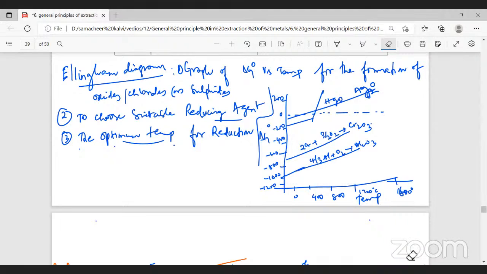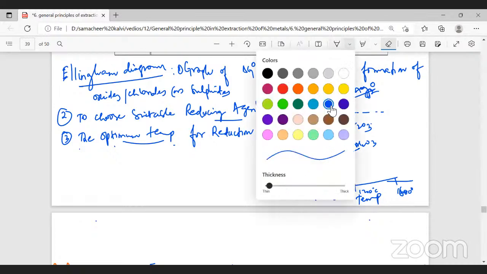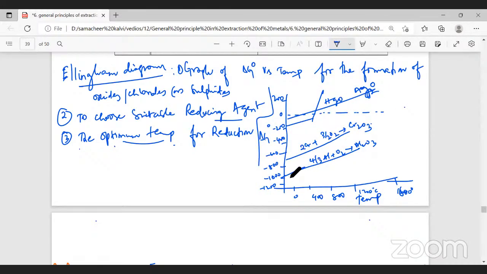The free energy also increases. Therefore, the graph shows upward deviation. Are you following? That's the first point. As temperature increases, delta G naught also increases.